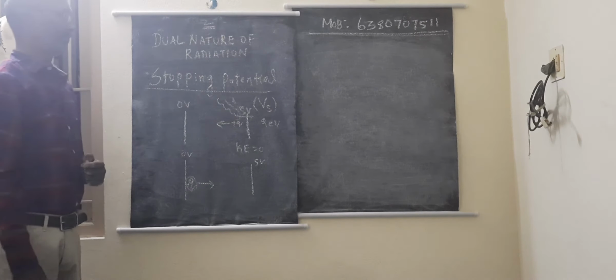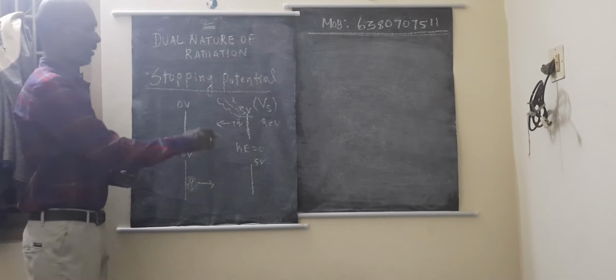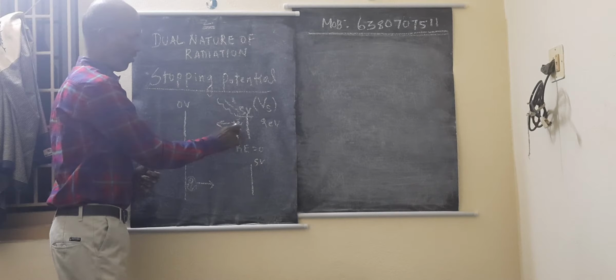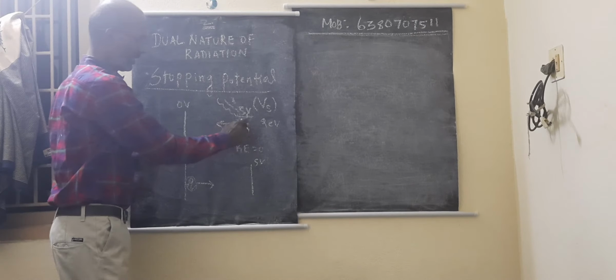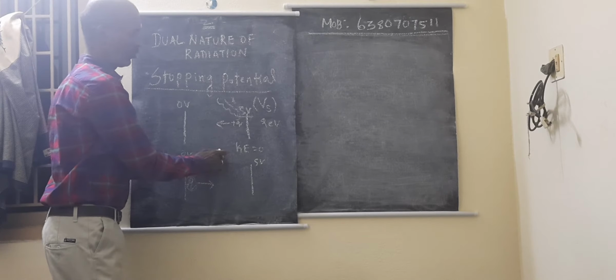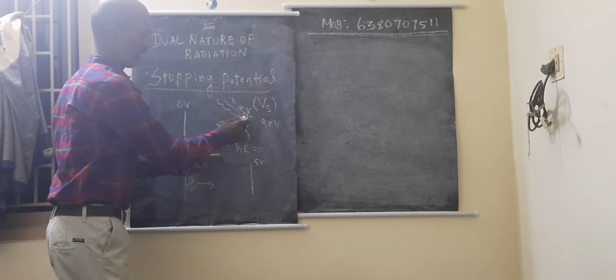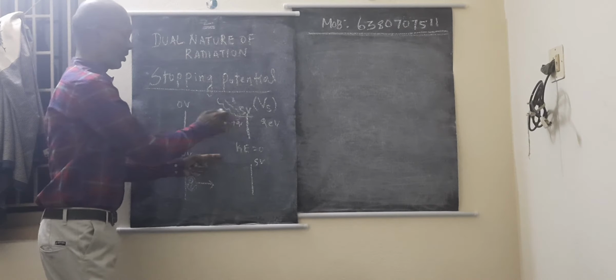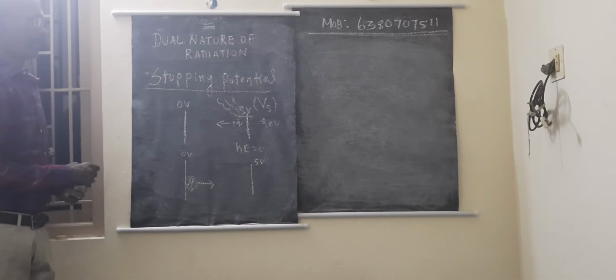So what happens here? We have to calculate how much kinetic energy is provided by that battery, so that this electron will move from here to here, that is, from positive potential to negative potential.